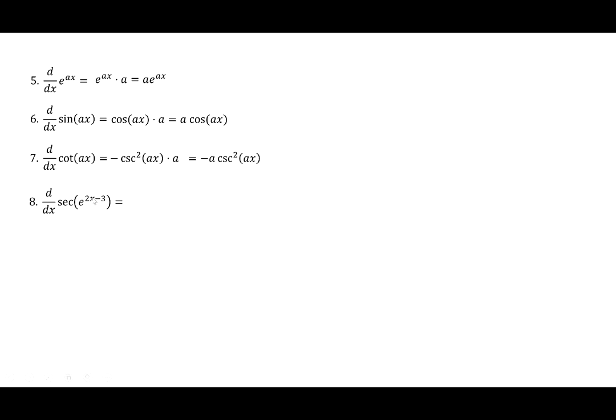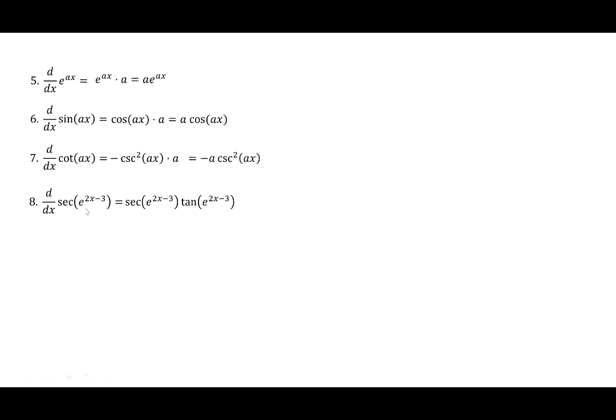No, except that this time we have to apply the chain rule once again. To get to this stage, we applied the chain rule, and to differentiate e^(2x) minus 3, we have to apply the chain rule again. Oh, can that happen? You bet.